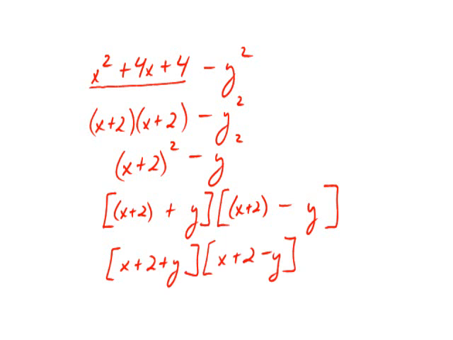Let's look at a second example. Once again, it doesn't look like we can factor by grouping by pairs. So let's try to factor these three terms, or this trinomial that looks like it might belong together.